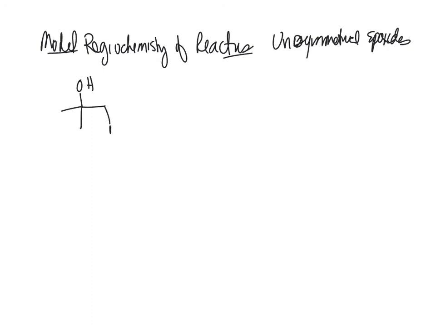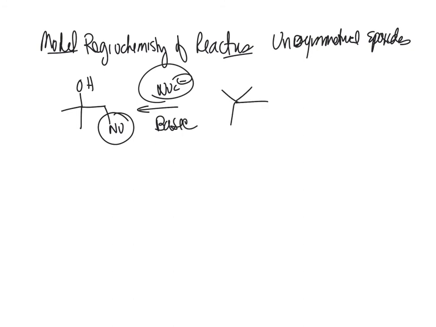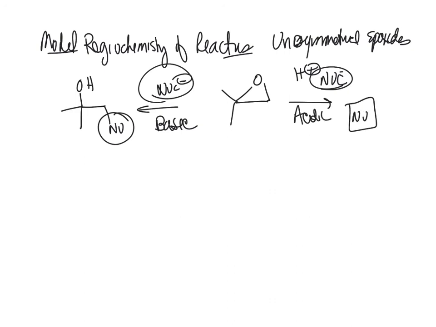And these are going to be different under basic conditions versus acidic conditions. And you can see here that your nucleophile adds to a different carbon. Let's clean this structure up here.